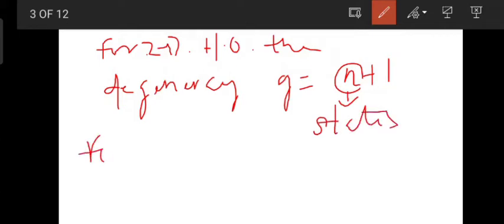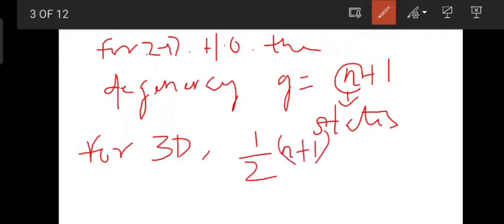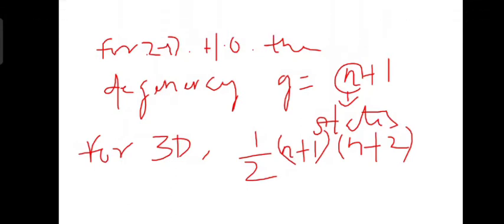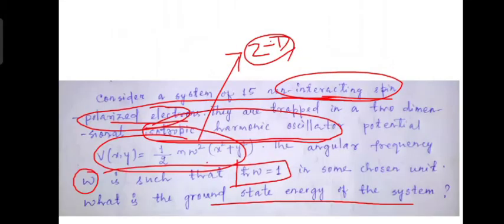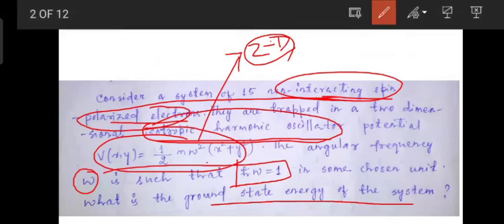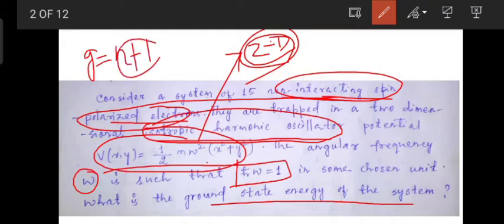And for three-dimensional, it is 1 by 2 (n plus 1)(n plus 2). But here it is given as two-dimensional. So here degeneracy will be n plus 1. Okay.